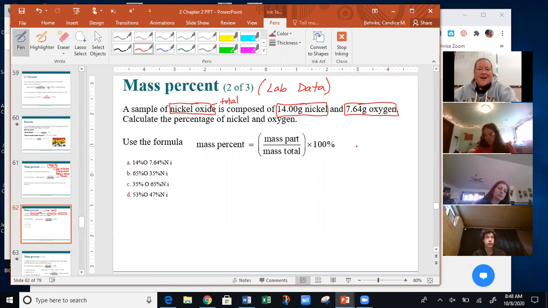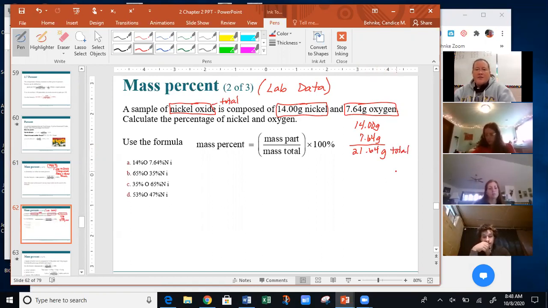So in order to get percent composition of each element, we need to come up with the total. So our 14.00 grams of nickel plus our 7.64 grams of oxygen gives us 21.64 grams as a total.